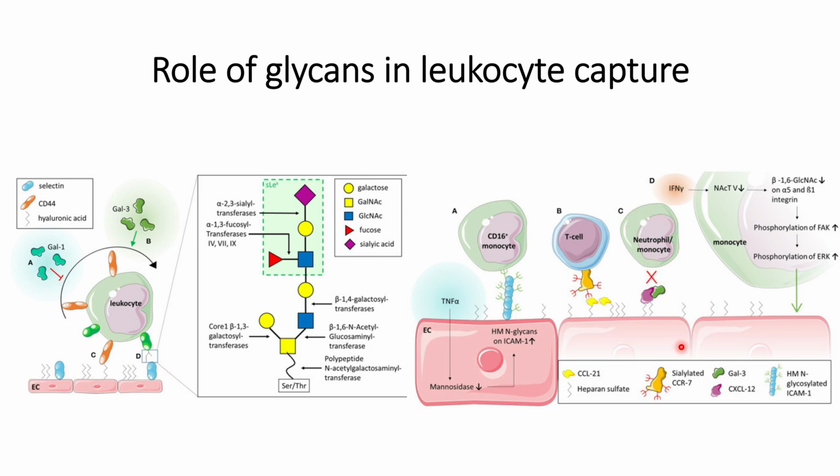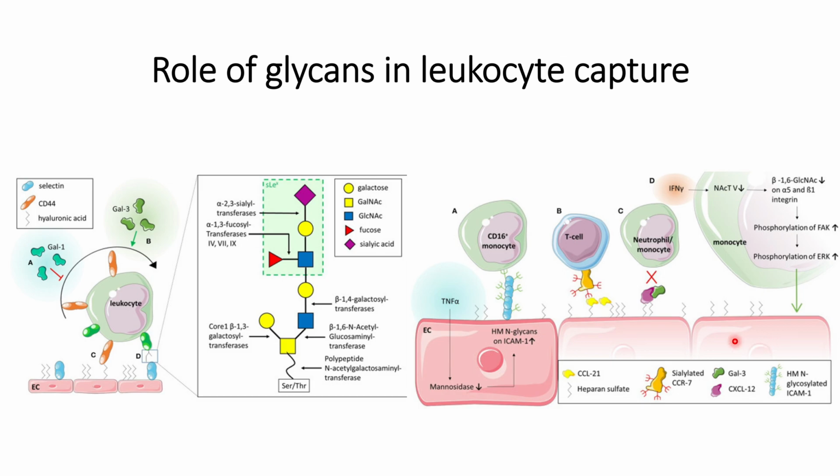So this is the correction that I want to make; previously I mentioned the wrong function for sialylated CCR7. Neutrophil and monocyte adhesion is inhibited by the galectin-3 and CXCL12 complex, whereas interferon gamma stimulation of the monocytes will enhance monocyte adhesion to these endothelial cells.